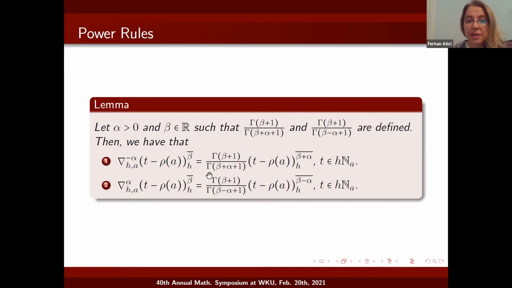And in this setting, we want to make sure that these fractions are defined, because the gamma function has some poles, so we have to make sure that these quotients are well defined when we talk about these two properties.